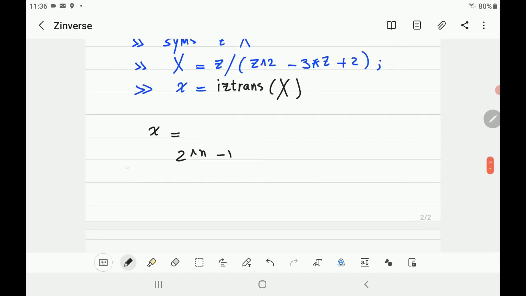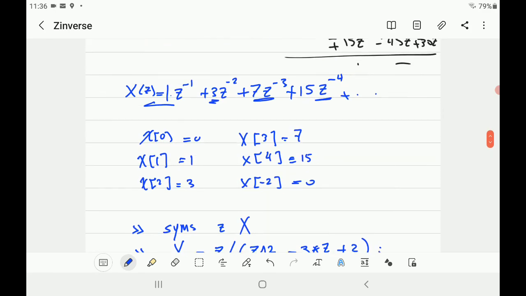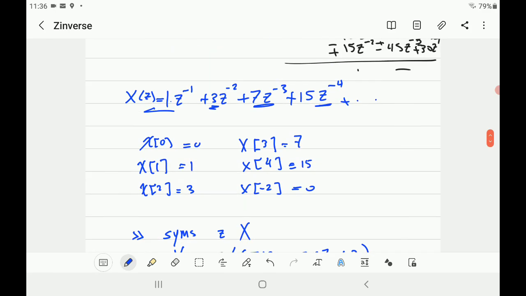It means your result, if you write it as an expression, the formula, it's 2 to the power n minus 1. And you can check. You can check if you are getting the same, substitute n equals 0, all right, and you will find that you get the same result, okay?